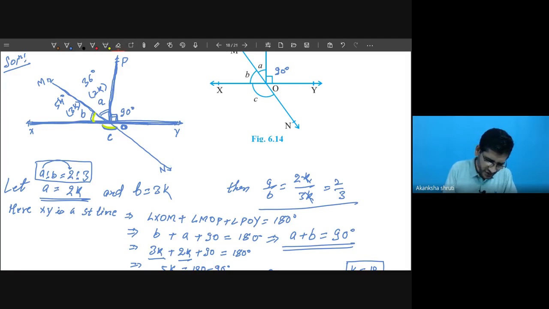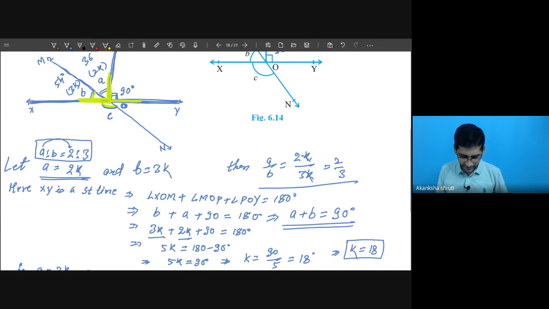If this part is given as 90 degrees and this is a straight line, then this one will also be 90 degrees, because 180 minus 90 is 90.